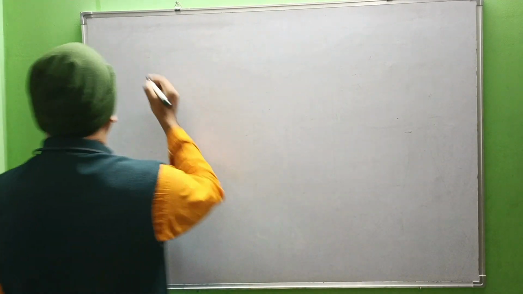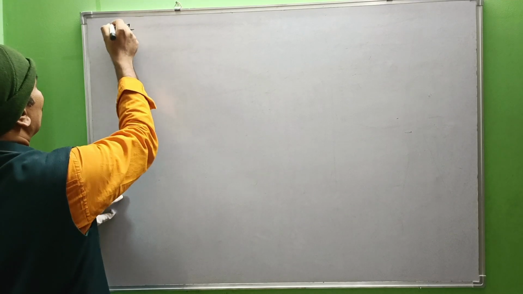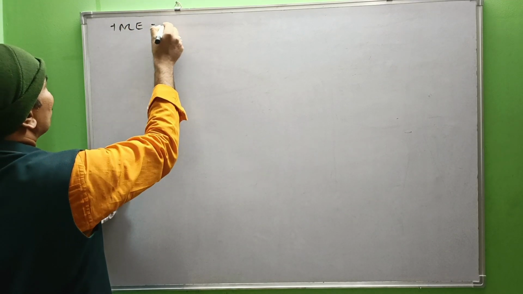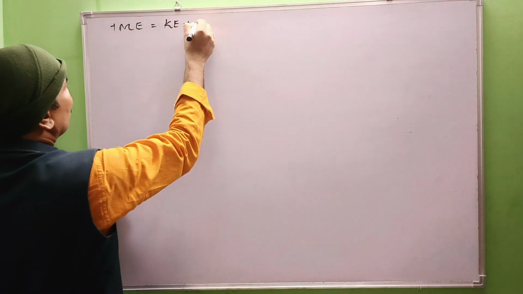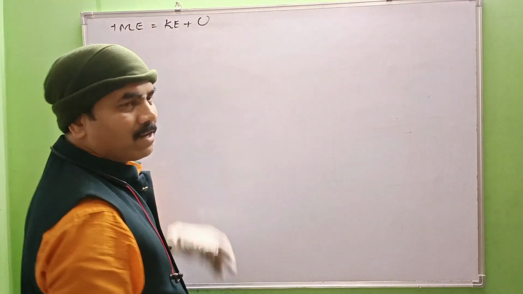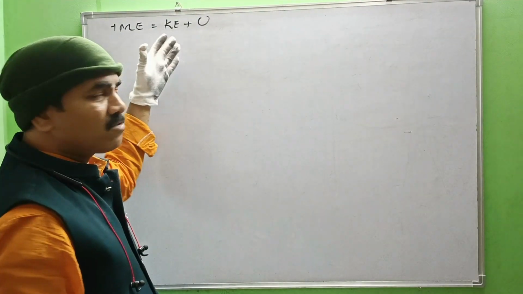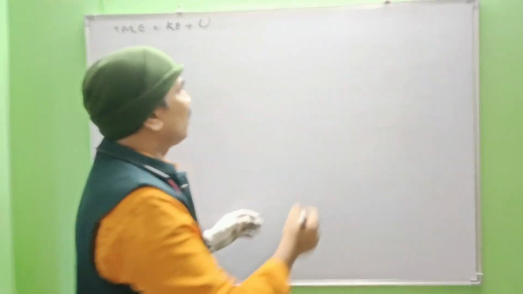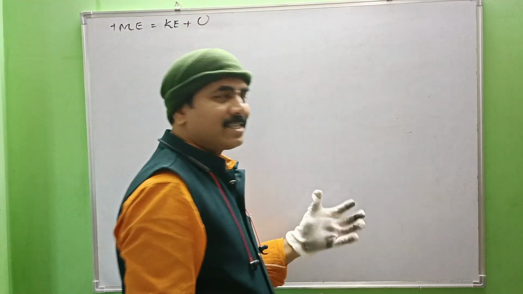What is mechanical energy? Total mechanical energy is the sum of kinetic energy plus potential energy. U stands for potential energy, KE stands for kinetic energy, TME stands for total mechanical energy. What is the valid expression for SHM?